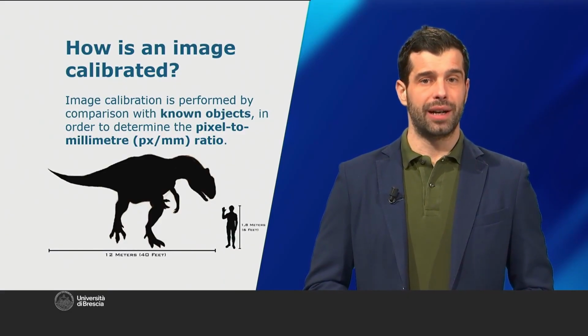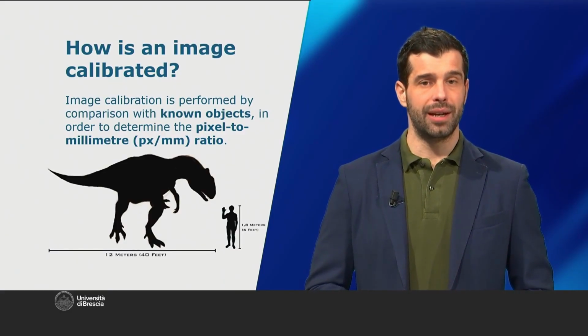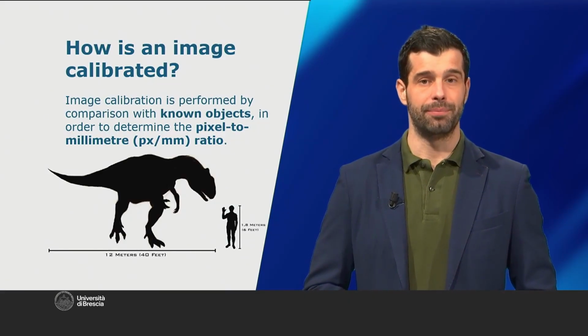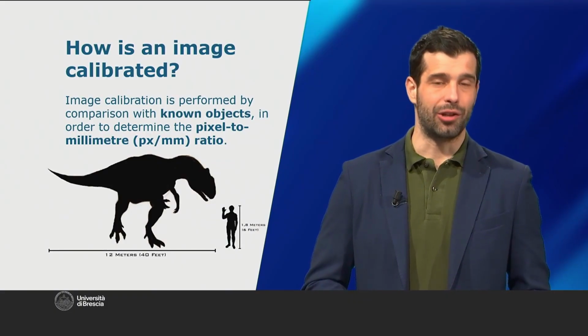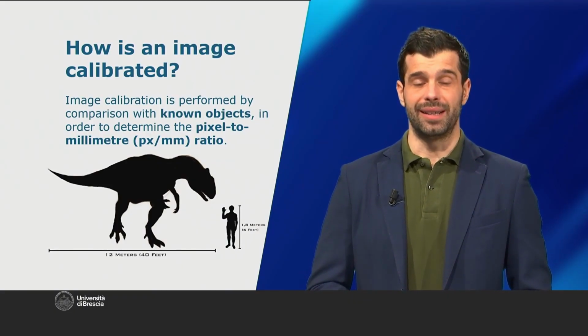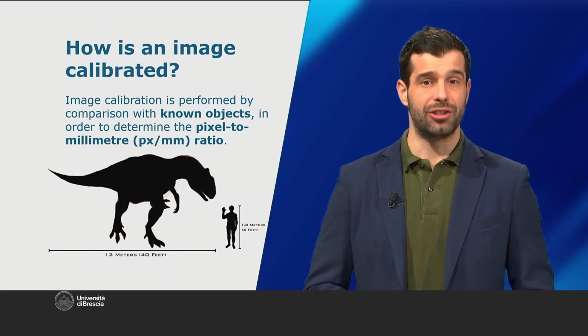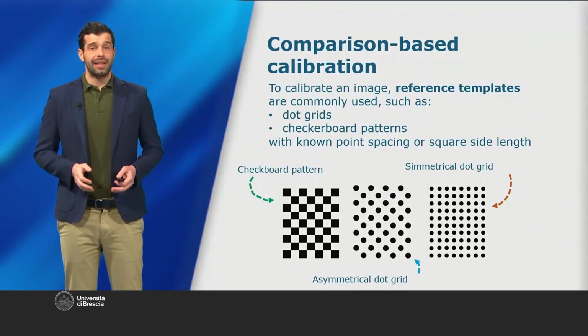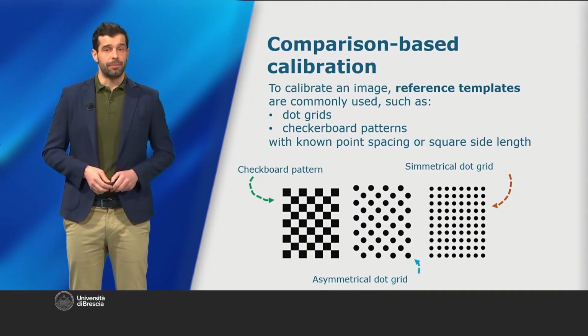The goal is to find the pixel to millimeter ratio that allows us to easily switch from one unit of measurement to another. Just like in the books about dinosaurs we read as kids and adults, you need a known element, in that case, the person drawn next to the dinosaur, to understand how big it is. The same thing happens in vision systems.